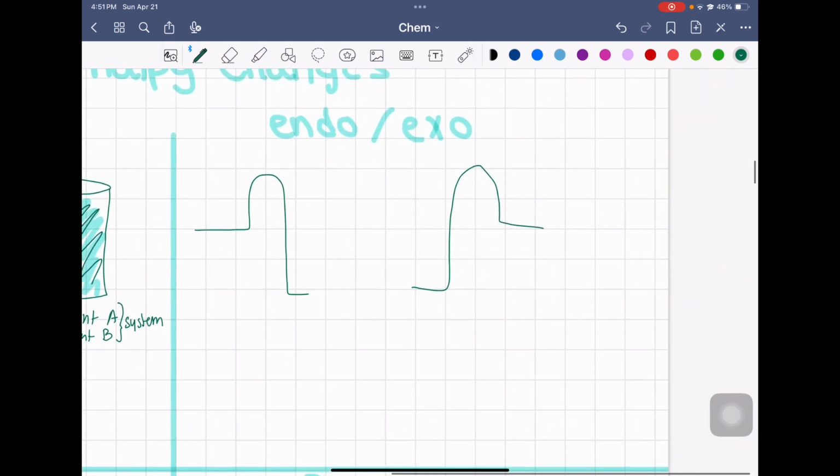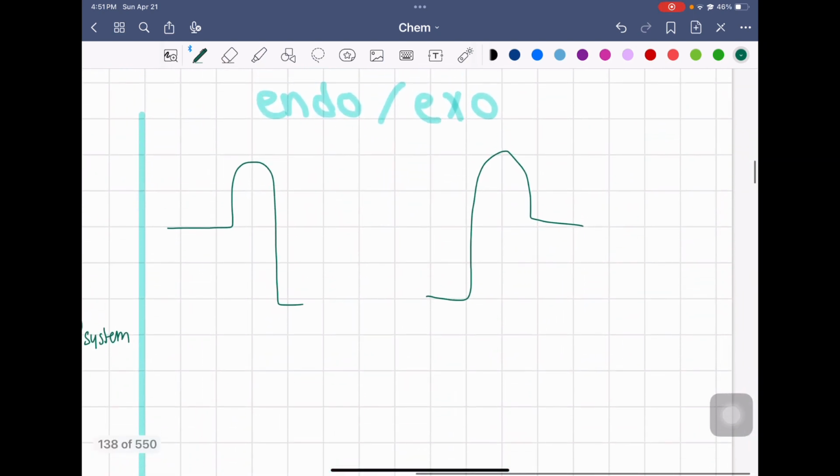Okay, now moving on to endo and exothermic reactions. Here's the energy diagrams. So first, can you see if you can identify this as exo or endothermic? So we're going to start off by labeling that here are our reactants, here are our products. Same goes for here, reactants, products.